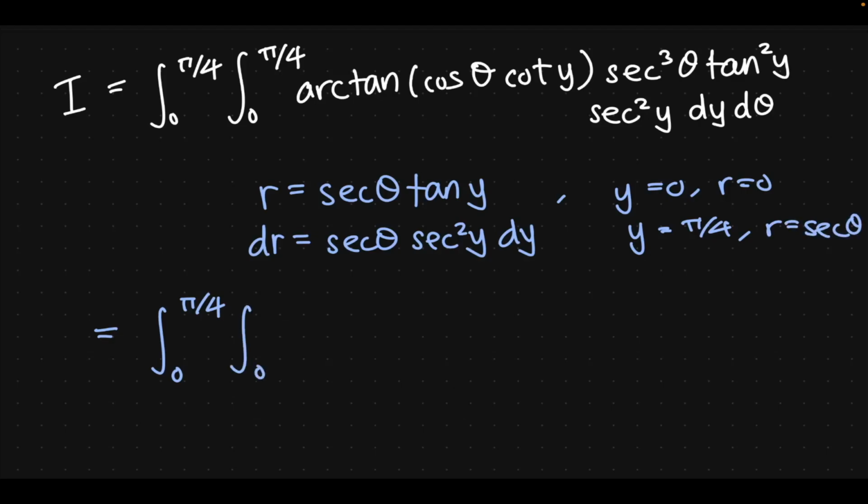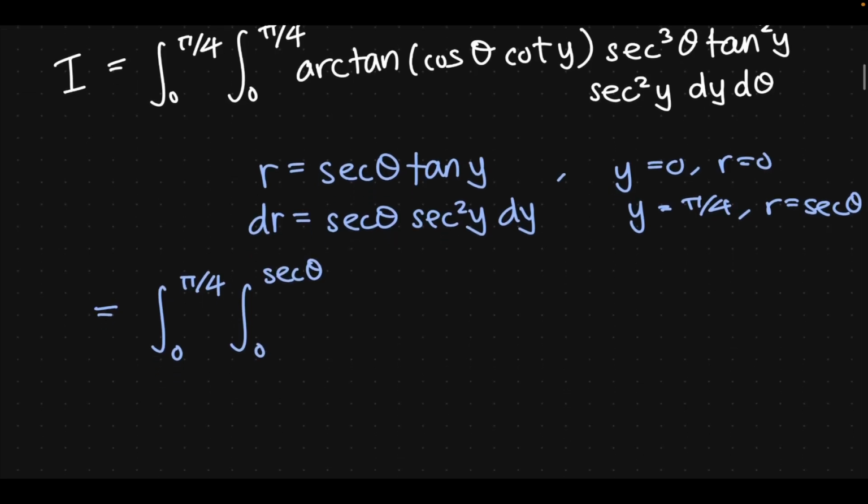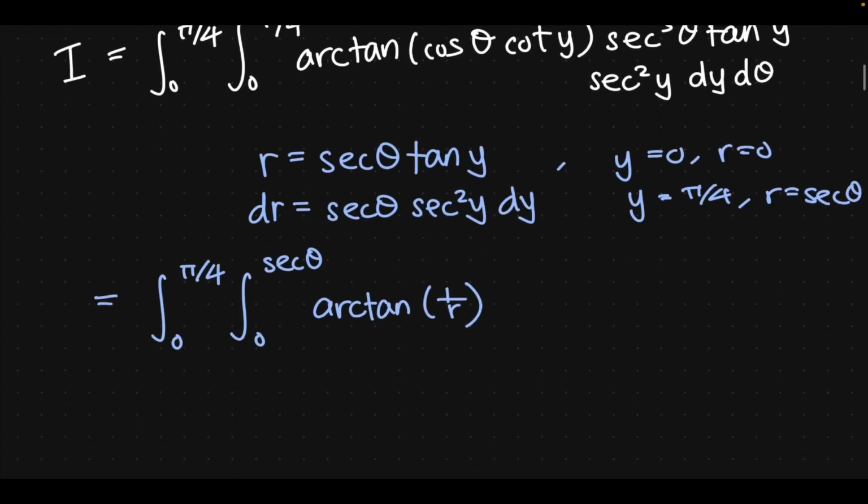So we've managed to produce this nested integral, and we have arctan of 1 over r. You can see that that's true. 1 over secant is cosine, 1 over tan y is cotangent y.